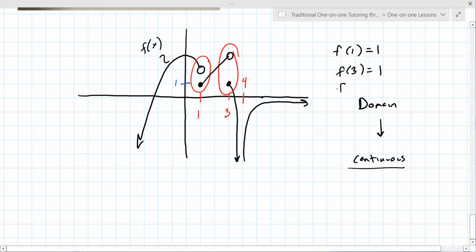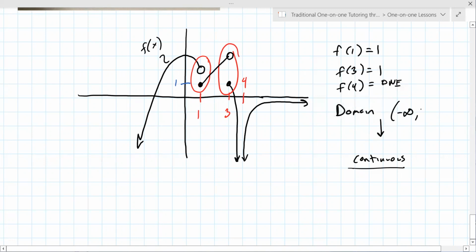But what's going on at 4? At 4, we got some issues. Is it defined at 4? No. It does not exist. And that is an issue for our domain. So our domain, let me move this out, because I think this will solidify this for you.